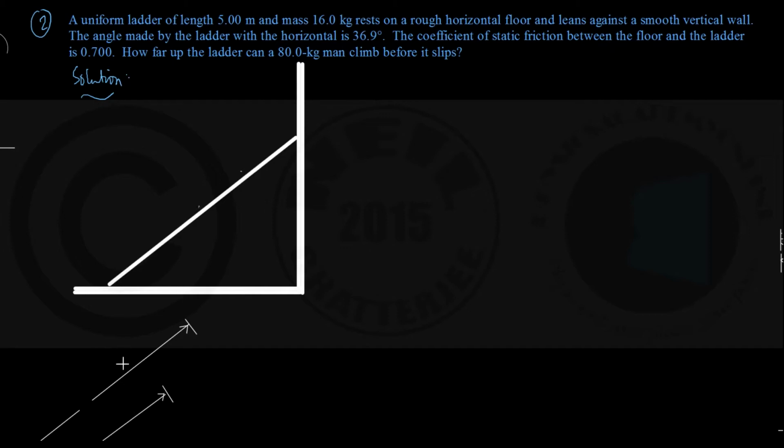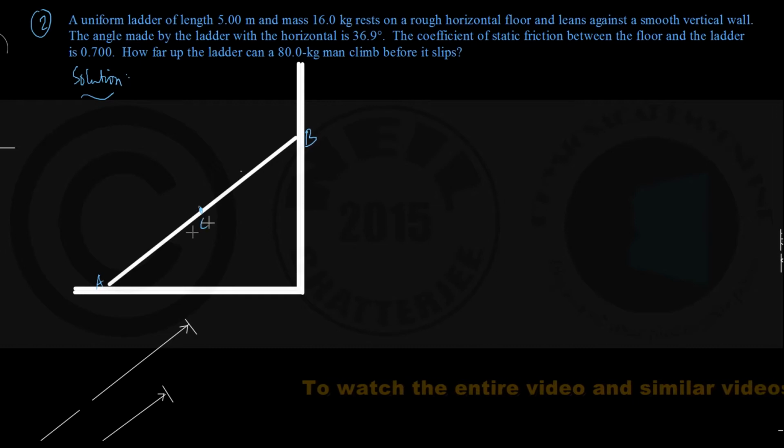So I'll name this ladder as AB, A being the foot and B being the topmost point of the ladder, and since it's uniform, its center of mass must coincide with the midpoint of the ladder, that is the point C in my figure. Let us take down the data here.